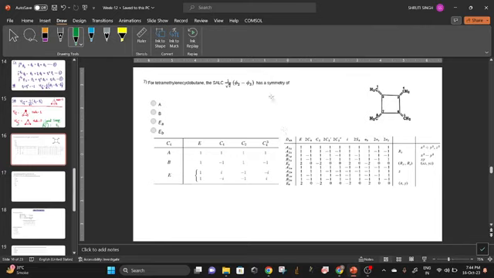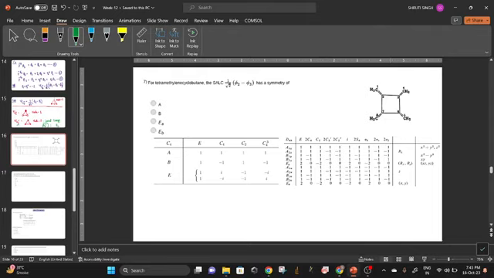The actual molecule shown here has a point group of D4h. But instead of figuring out all these symmetry operations, we can just use the rotational subgroup which is C4 for this. So that's why I've kept the character table of C4 here.